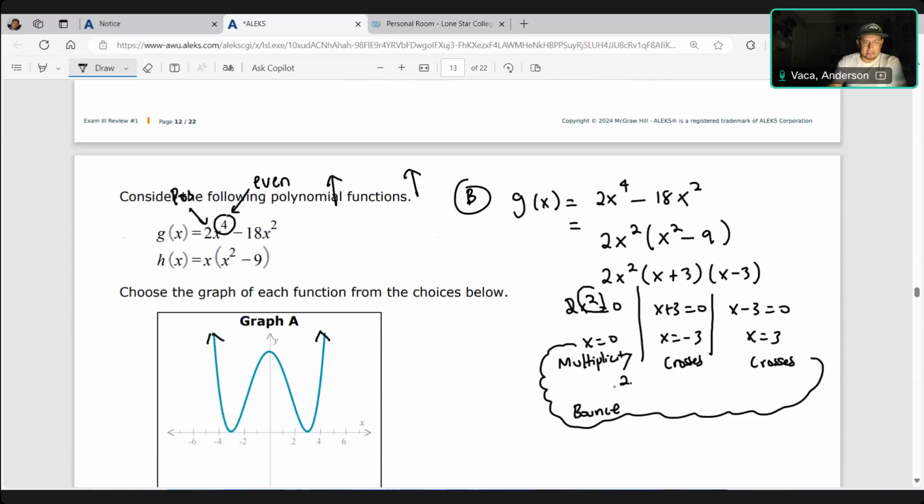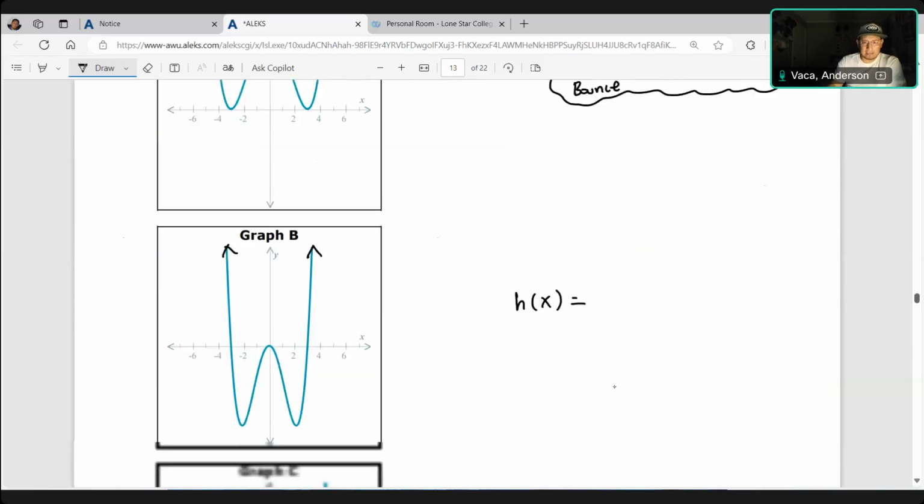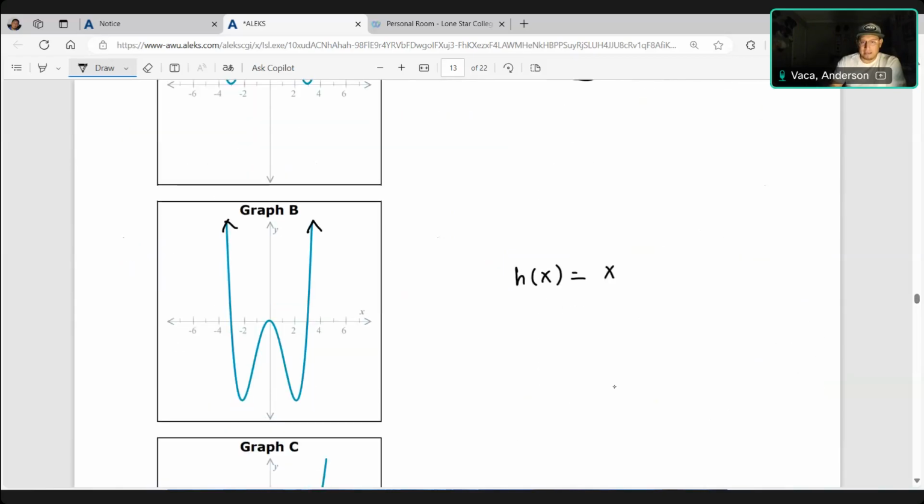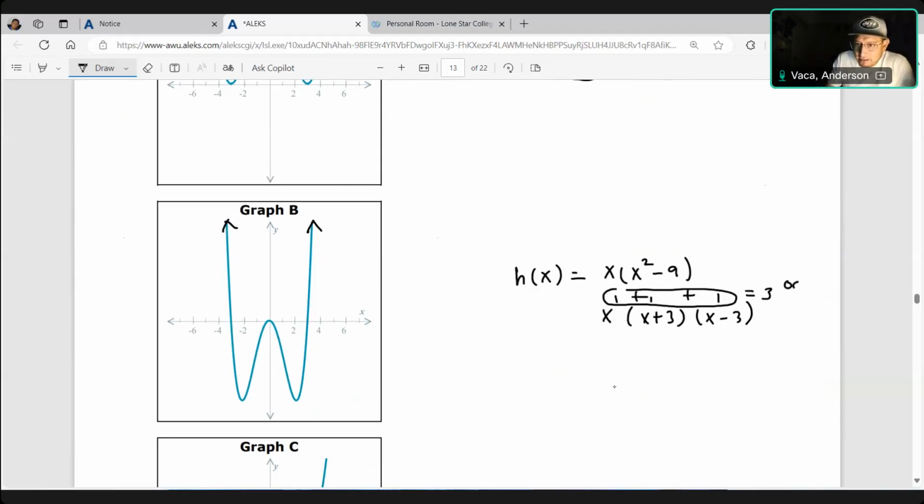H of x is x, okay, we have x squared minus 9. This is actually x plus 3, minus 3. If we take the powers of x and add them, that will give us 3, which is odd, greater than 1.